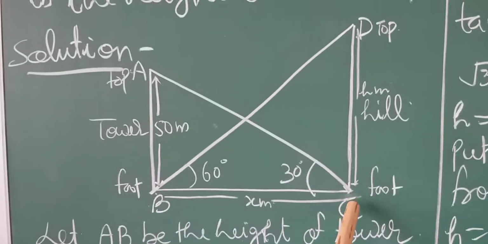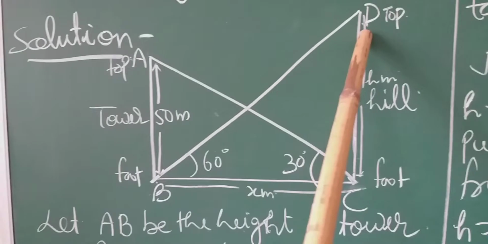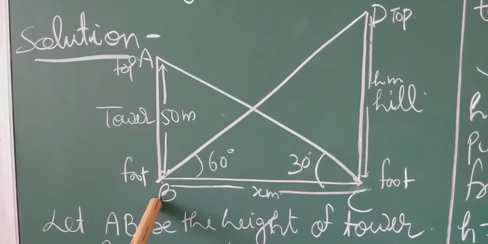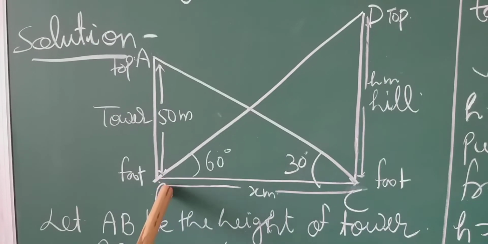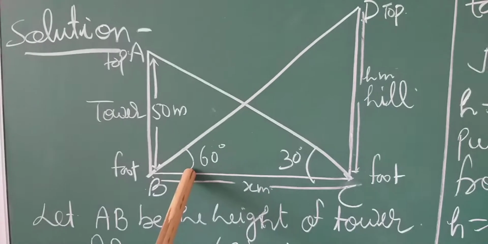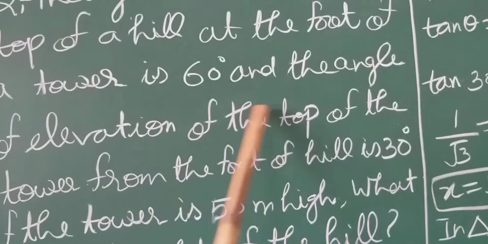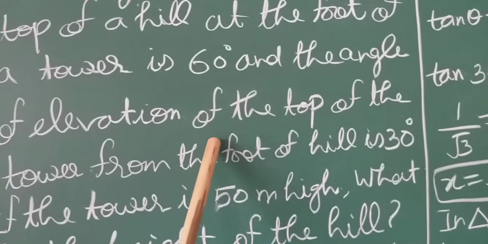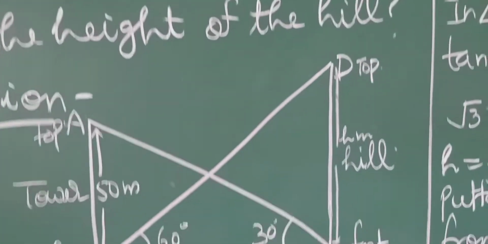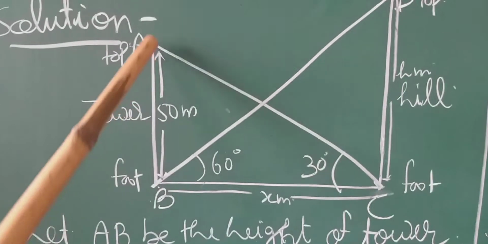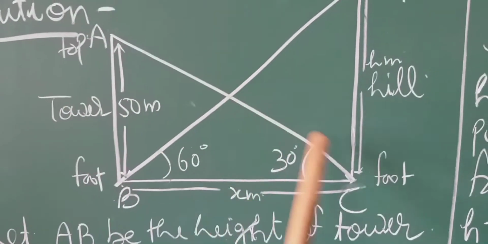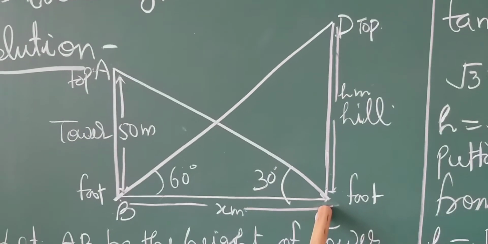And the angle of the top of the hill, D is the top of the hill, from the foot of the tower, foot is B, so angle DBC is 60 degrees, it is given to us. And the angle of elevation of the top of the tower from the foot of the hill: this is the tower, A is the top of the tower, and C is the foot of the hill.